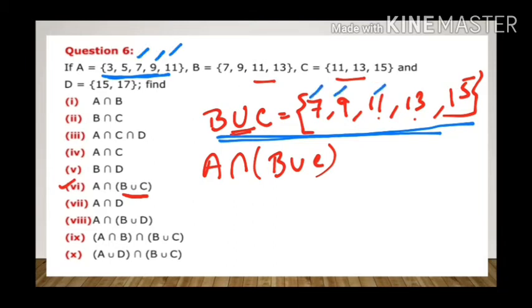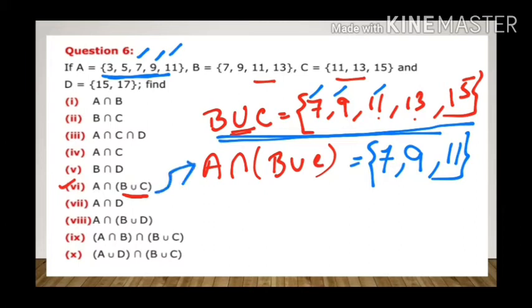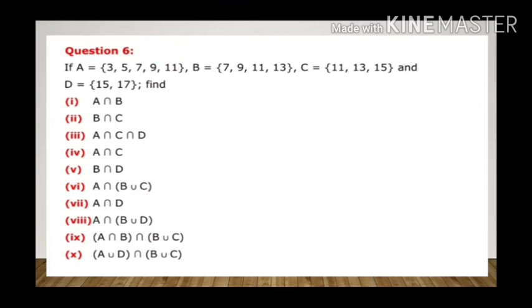So A intersection (B union C) will be 7, 9 and 11. Okay, and this way you have to solve this part. Now A intersection D, the common between A and D is nothing, that's why it will be a null set.